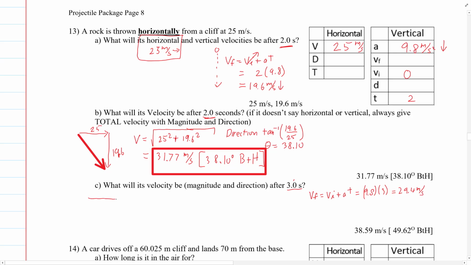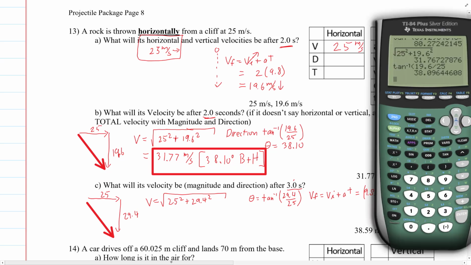So it's 25 and 29.4. So V is going to equal the square root of 25 squared plus 29.4 squared. And then the angle will be the inverse tan of 29.4 divided by 25.